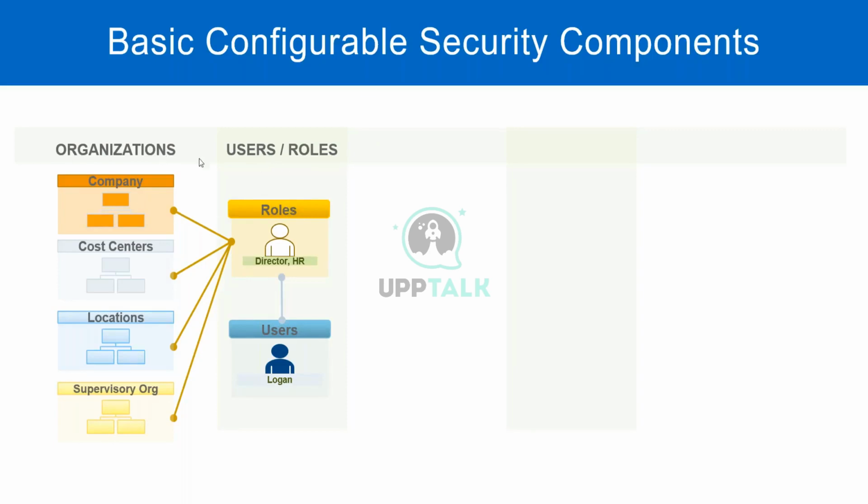What is the most common example of this kind of a role-based security group? Give me an example of a role-based security group or a role. HR partner. Yes. What else?